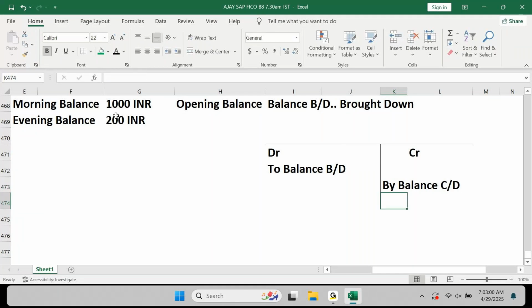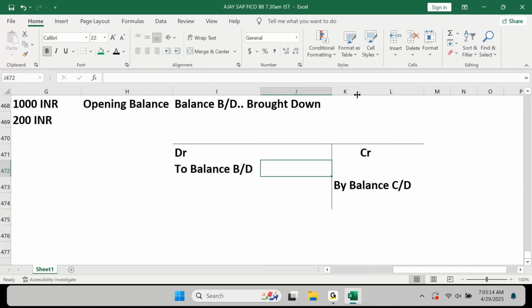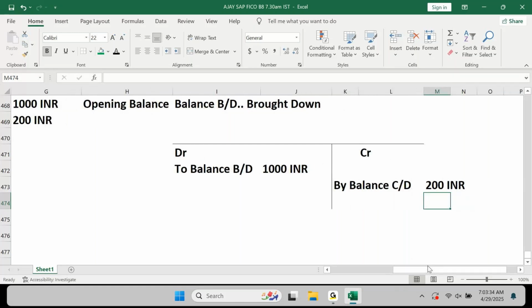Is this correct? Now, if I have to list it here, in short, my 1000 will come here, and here it will come 200 INR. So opening balance, closing balance: this is what we used to represent in our accounting. We will put a debit, we will put a credit, brought down, carried down, opening, closing.